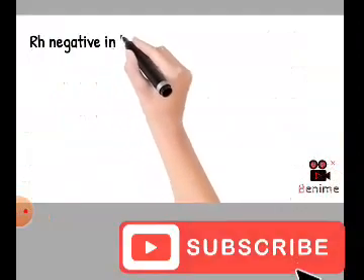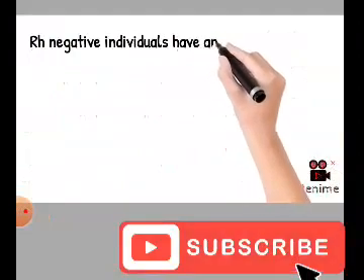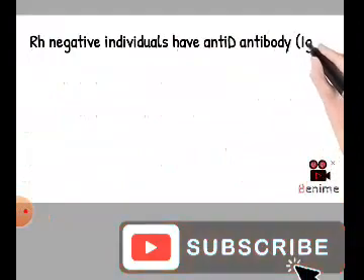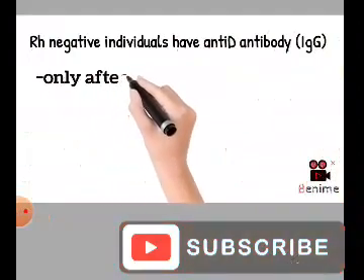The other concept is about Rh negative individuals. In an Rh negative individual, the immune system produces anti-D antibody, and this antibody is immunoglobulin G. The cause for the production of this antibody is not bacterial colonization of the gut, but the mixing of Rh negative blood with Rh positive blood.